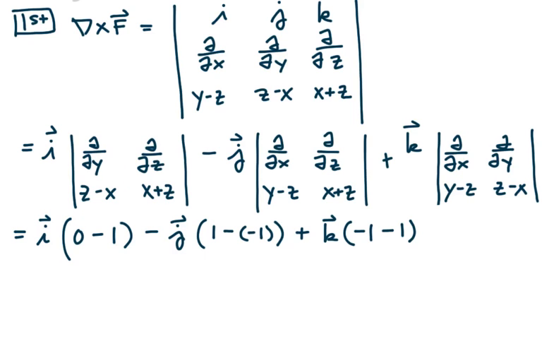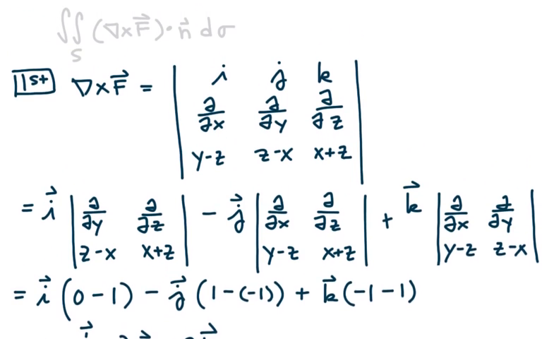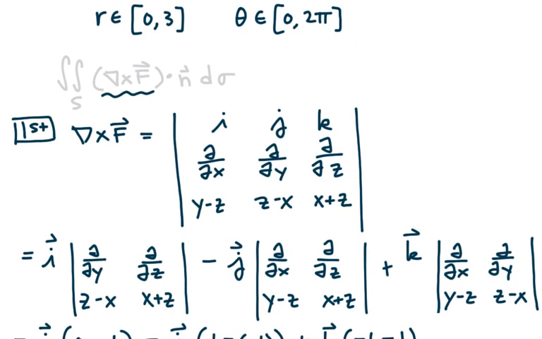And after we work those partial derivatives through there, I have negative i, 1 minus negative 1, that's plus, so we'll get 2. So we have minus 2j, and then we've got plus negative 2k. So that represents this del cross F.